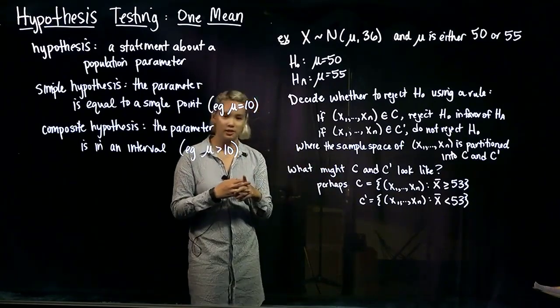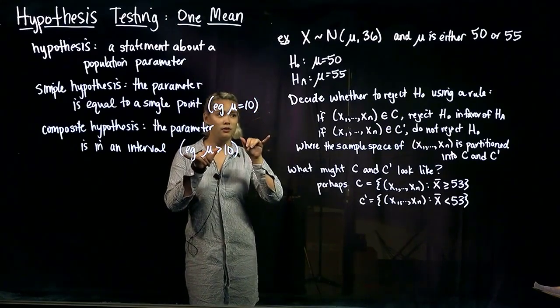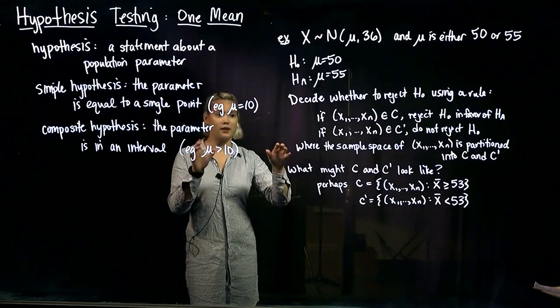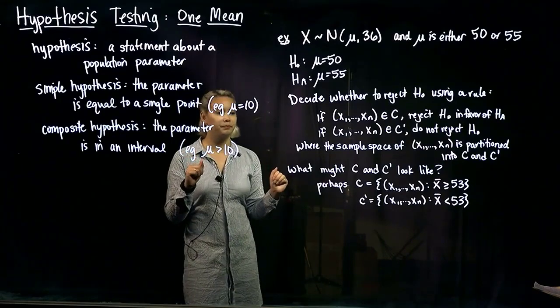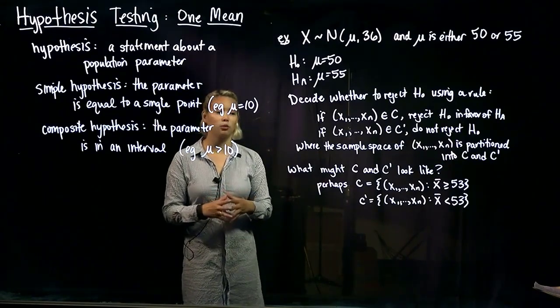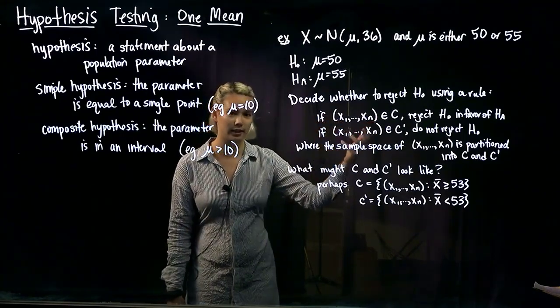All right, so we've partitioned our sample space into C and C prime, and then we're saying if x1 through xn lands in C, we will reject the null, and if x1 through xn lands in C prime, we will not reject the null. Okay, so what might C and C prime look like? Well, lots of times we take our sample x1 through xn and create a test statistic.